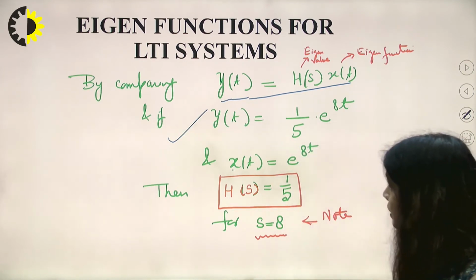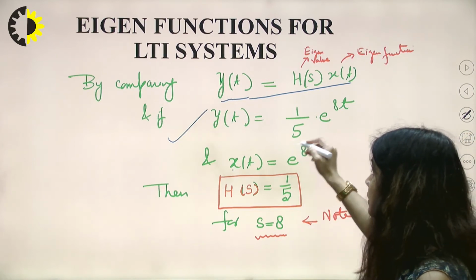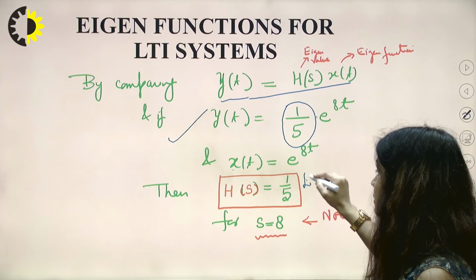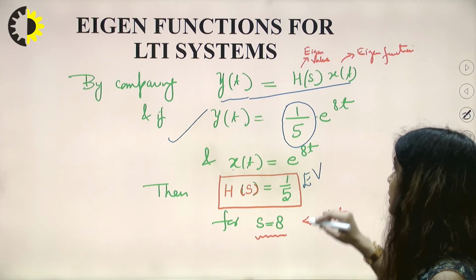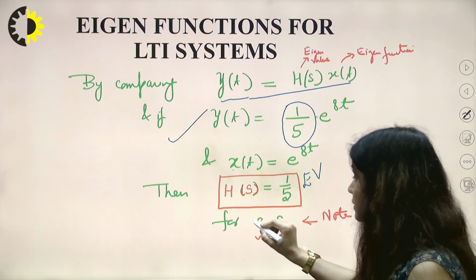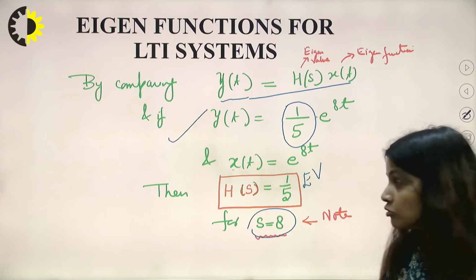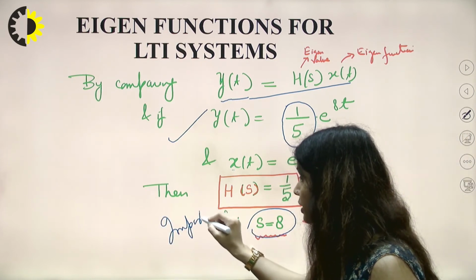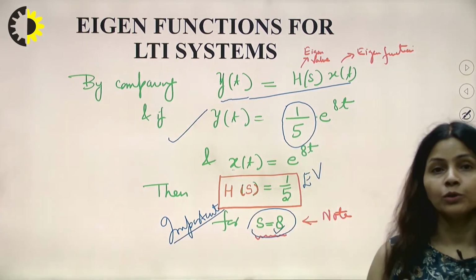So here H(s) is equal to 1 by 5, and this comes out to be the EV. And one more thing, please note it down, this is a very important point: that s is equal to 8.